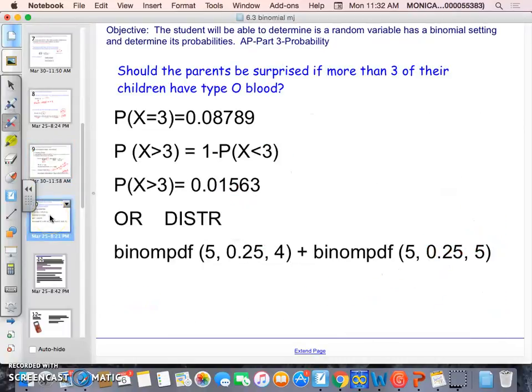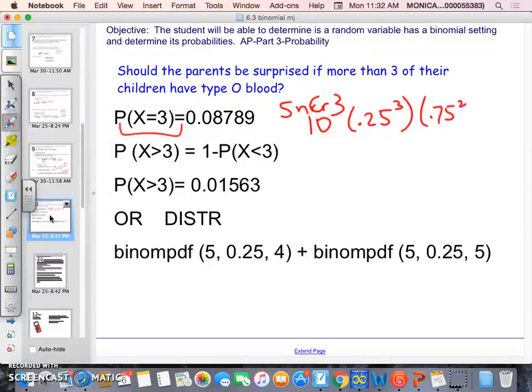All right, so should the parents be surprised if more than 3 of their children have type O blood? Well, the first thing we have to do is find the probability of type O blood. It would be 5 choose 3, so I believe there are 10 outcomes, times 0.25 raised to the third, times 0.75 raised to the 2.